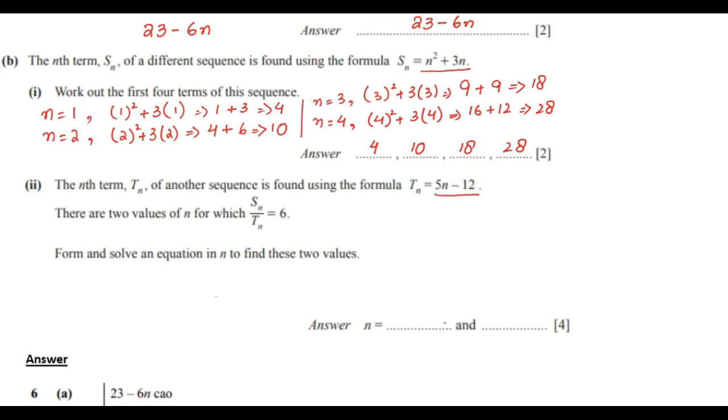When we substitute the values of Sn and Tn in this condition, Sn upon Tn is equal to 6, and cross multiply and simplify, we will get a quadratic equation. We will solve that quadratic equation and we will get 2 values of n. So let's see how we will simplify this one.